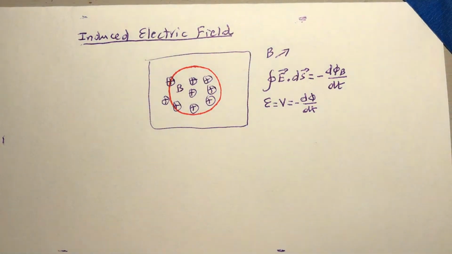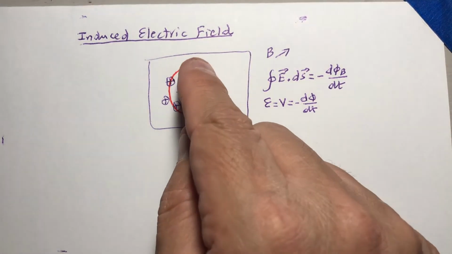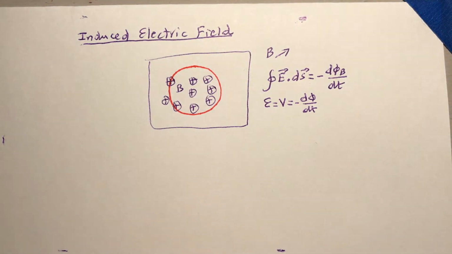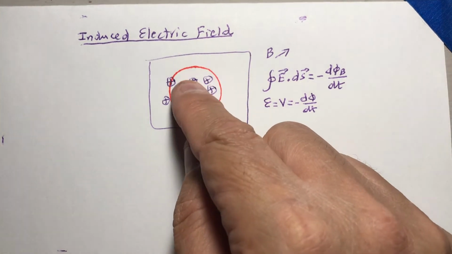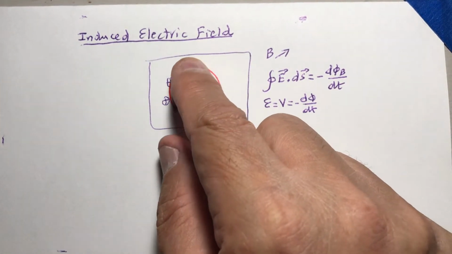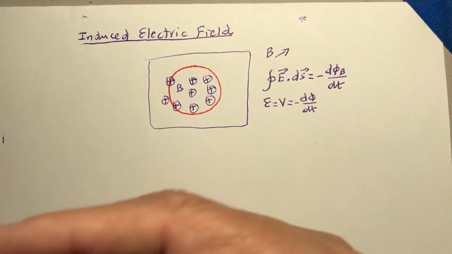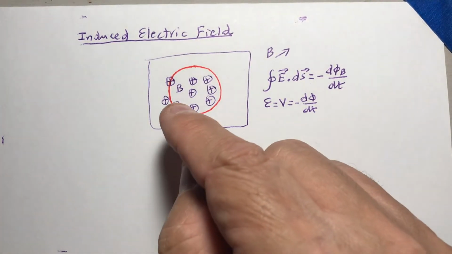So you have an electric field line that goes like this, circle like that. Now, we need to know the direction of this electric field. Is it going counterclockwise or clockwise? To know that, we need to understand one thing.